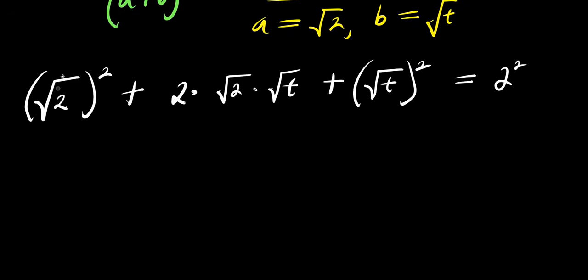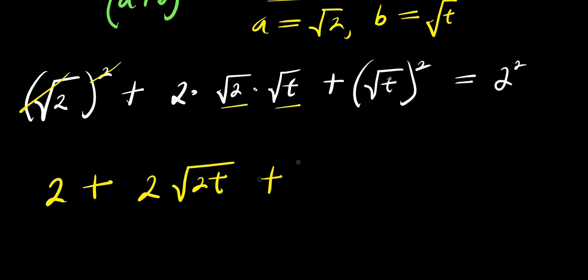From here, this will eliminate this, obviously. We have 2 plus root 2 times root t will give us root 2t. So this is 2 square root of 2t plus t, and this equals 2 power 2, which is 4.